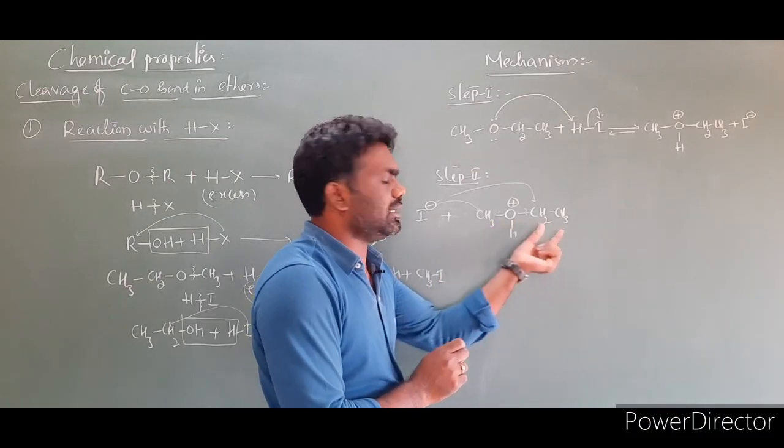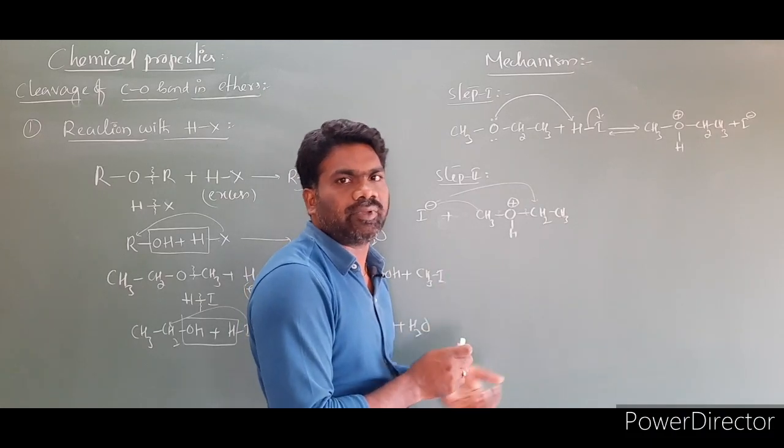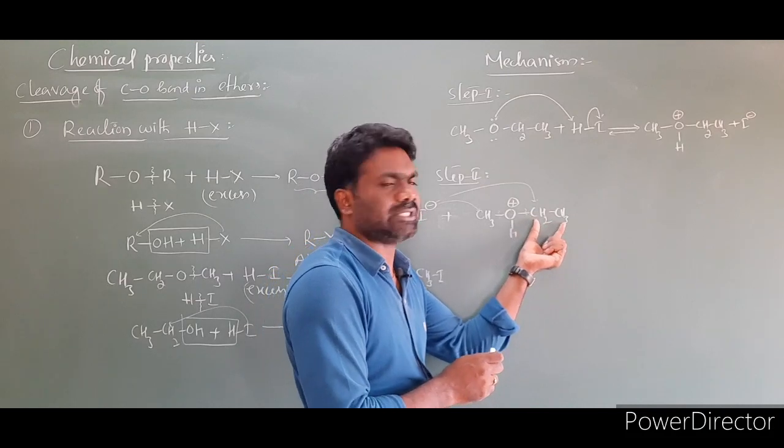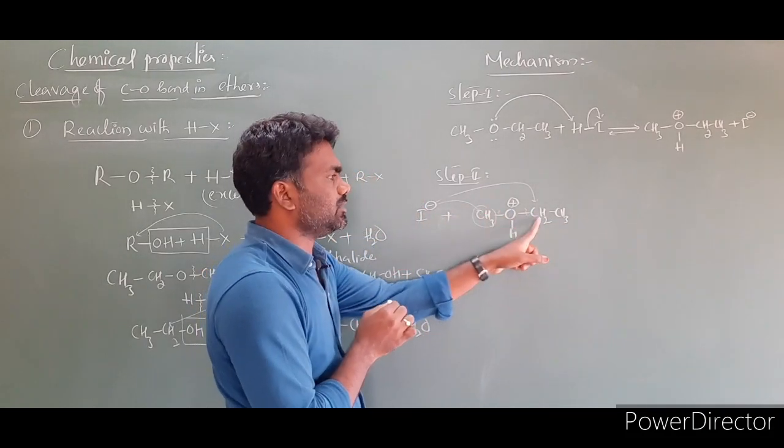Check these two alkyls, which one is lower? Methyl is the smaller one compared to CH2CH3. This CH3 will be attacked by I minus, but not CH2CH3.